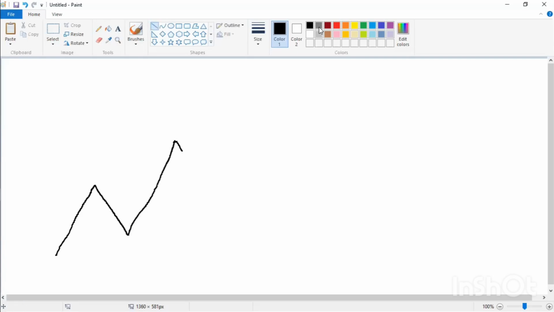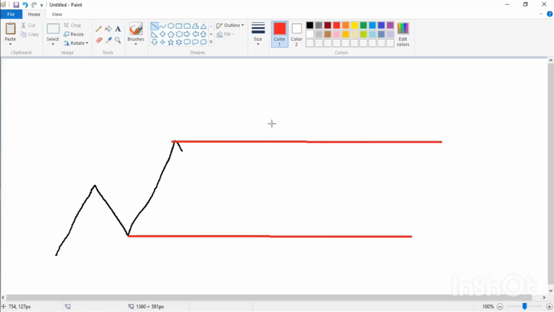When you have a new higher high, like I said, take your trend line, do this, and do this, right? So if price makes a higher low and they break the high, it means we are bullish. But if they break the low, it means we are bearish. Remember this. If price is breaking the highs, we are bullish. If they're breaking the lows, we are bearish.